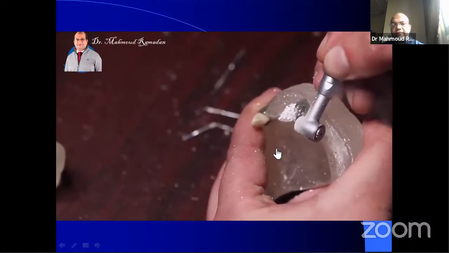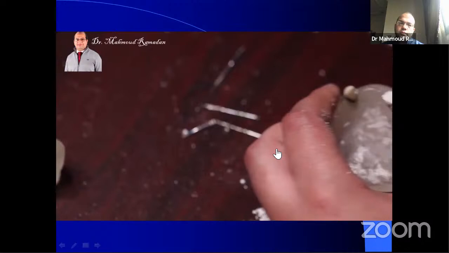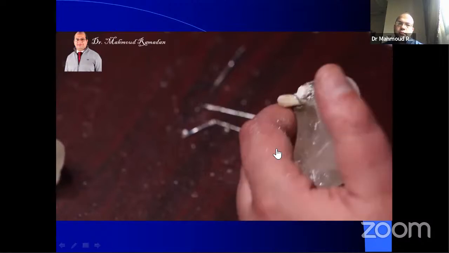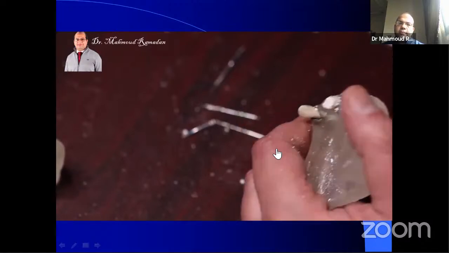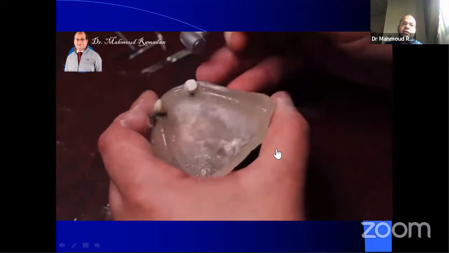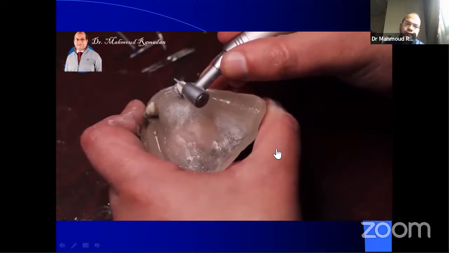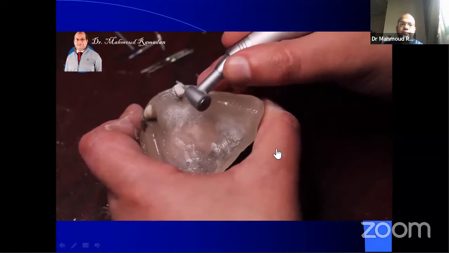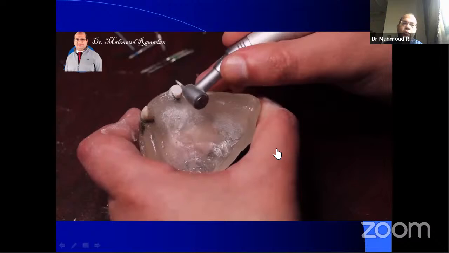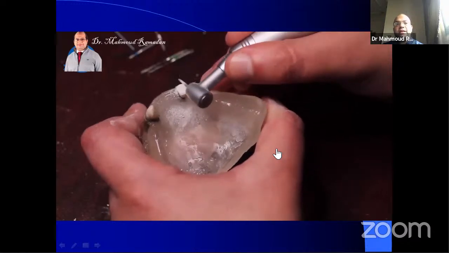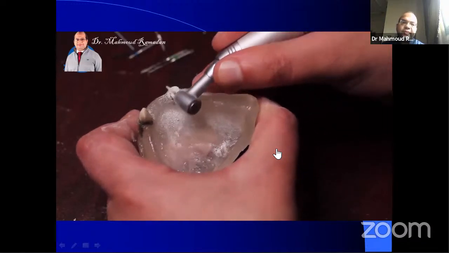Here we start with the bevel. The bevel is inclined towards the labial surface as we see. Here we make it more inclined to the labial surface.